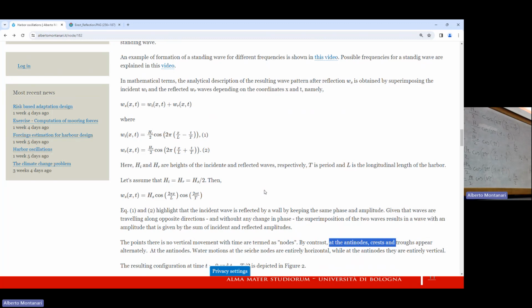If you want to prevent this, you should avoid a wave which has the period of the harbour. But actually, in any case, when you generate a wave inside a harbour, you have full reflection, and you get a standing wave in any case.